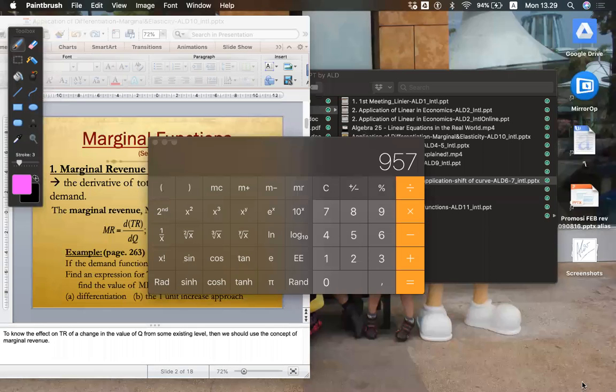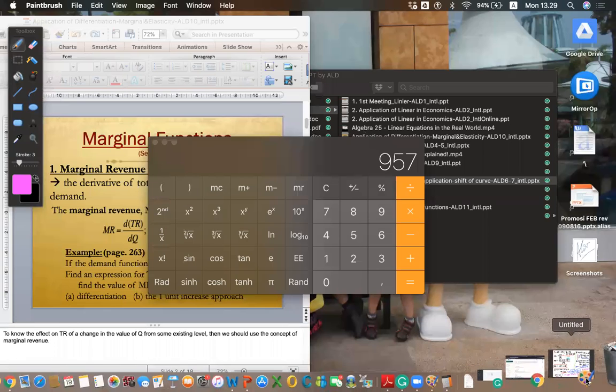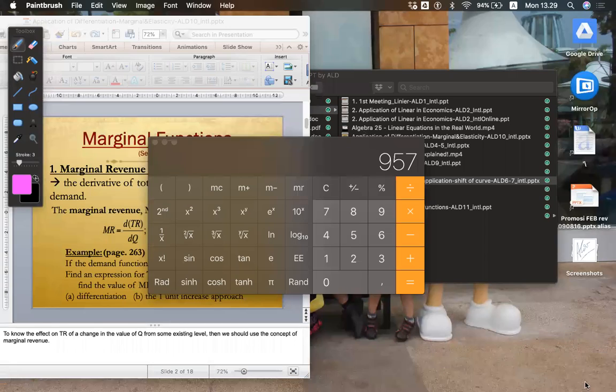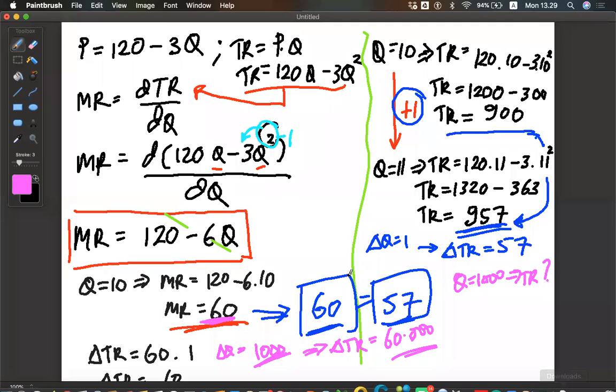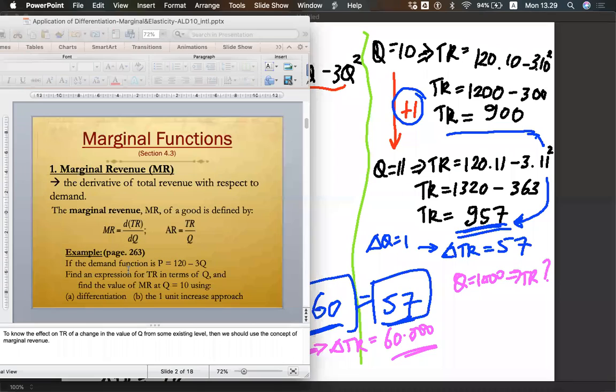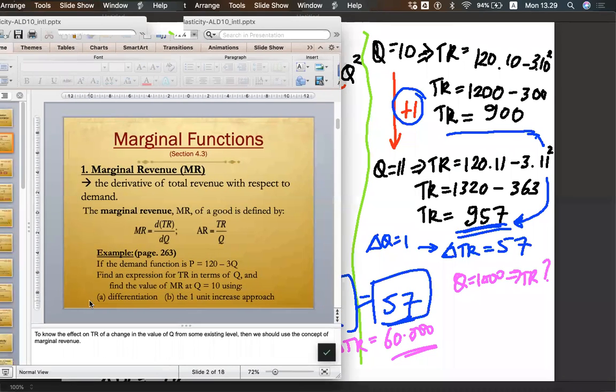Okay, that's for the first marginal. Let's try to continue.